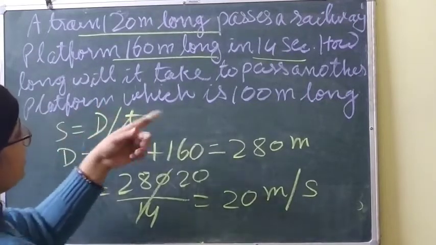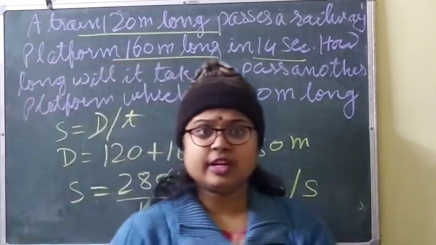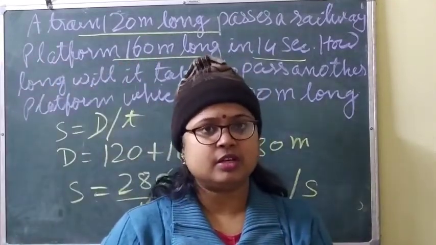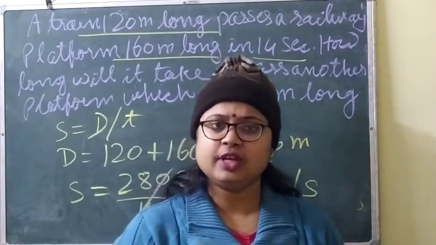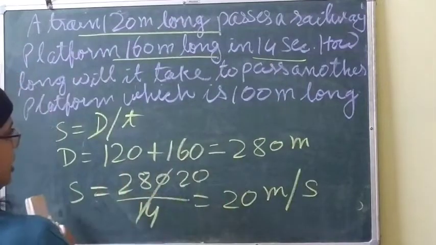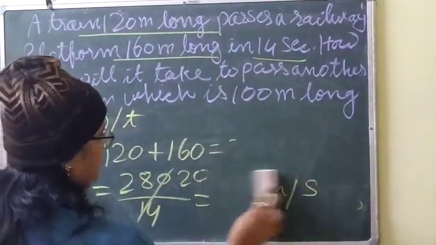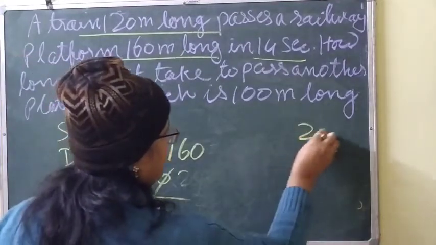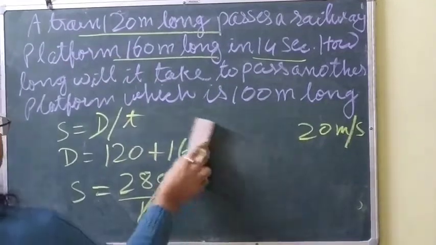Now how long will it take to pass another platform? Train is same. Train is not different. Platform is changed. And what is different in the new platform? Yes, the length of the platform. So here we will note down 20 meter per second is the speed we have got here.